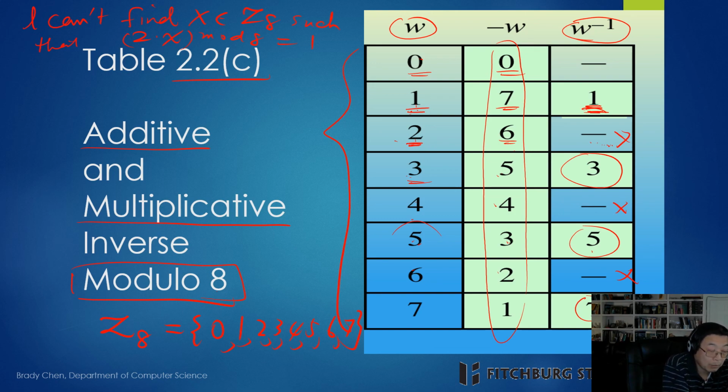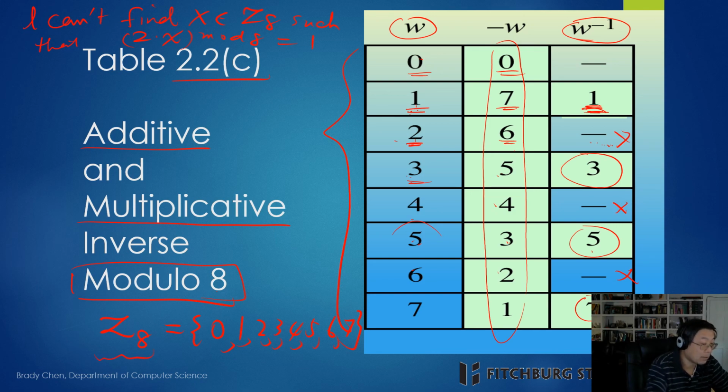This table may give you the illusion that the multiplicative inverse of a number is the number itself. That's generally not true, but only true for Z8.